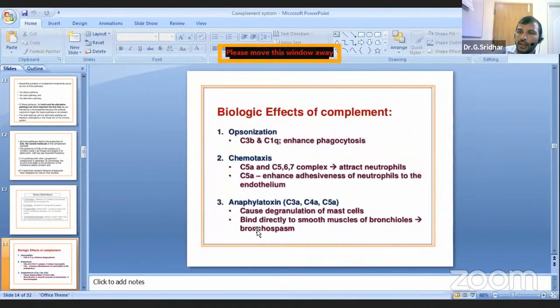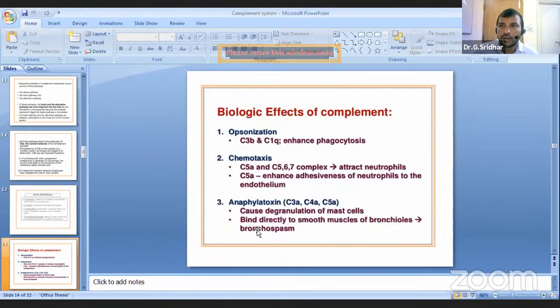Then what are the biological effects of the complement system? There are different types of biological effects of the complement system. The first one is opsonization.